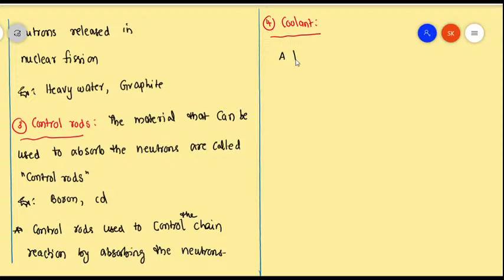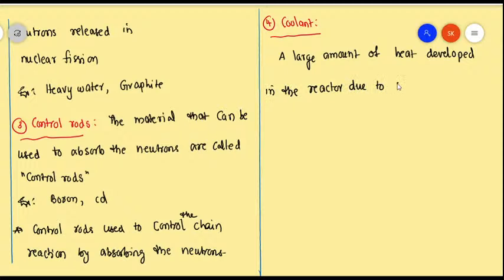A large amount of heat is developed or produced in the reactor due to the chain reaction.